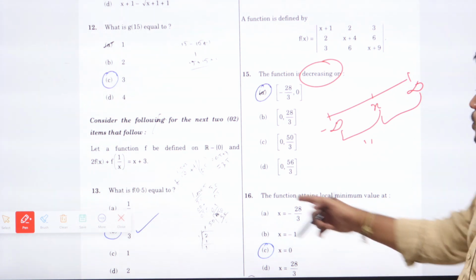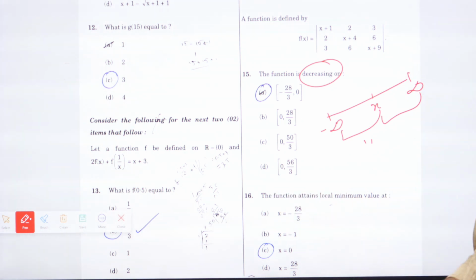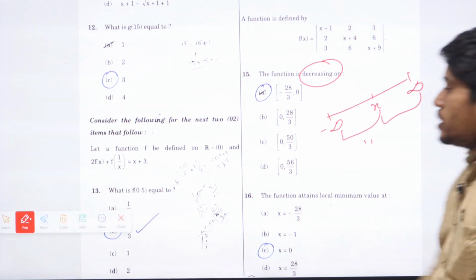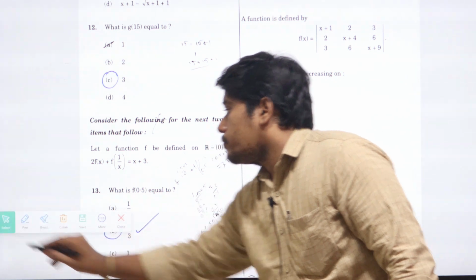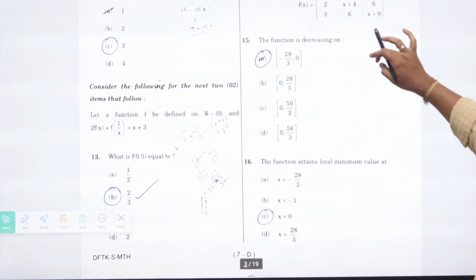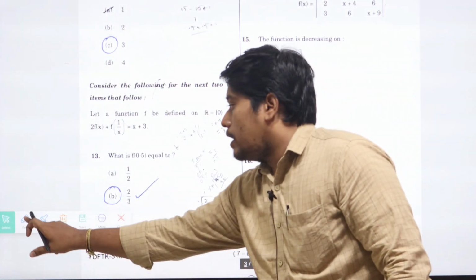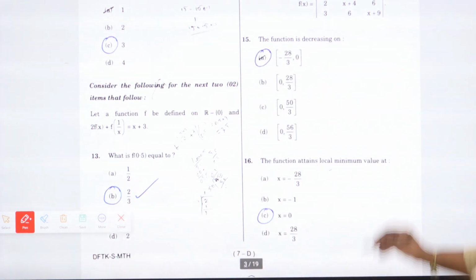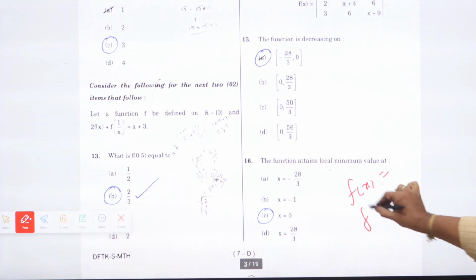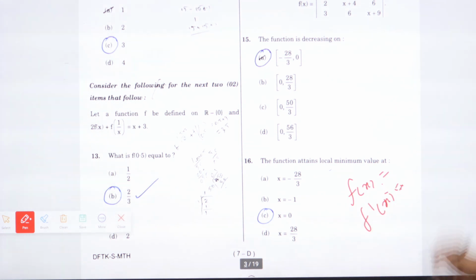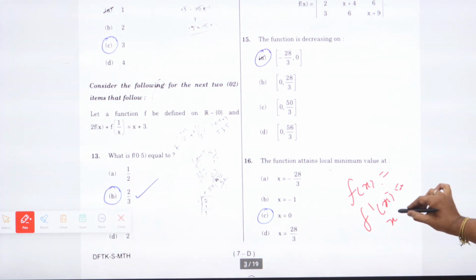And another one: the function attains a local minimum value. First we take f of x, then find f dash of x, and using f dash of x equal to 0 find the x value.